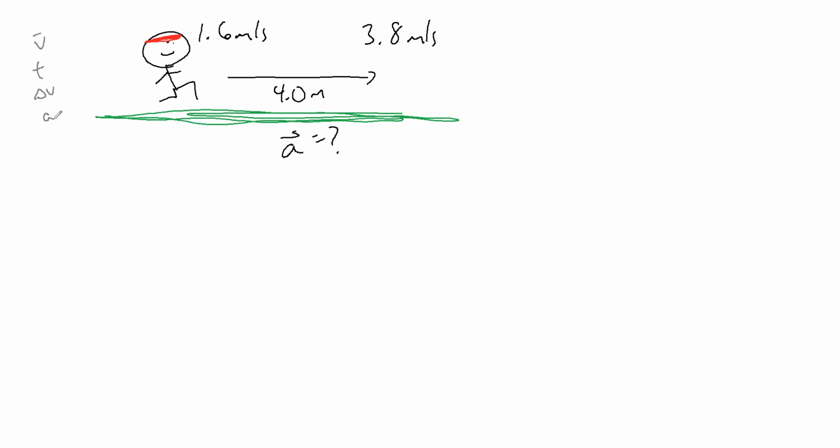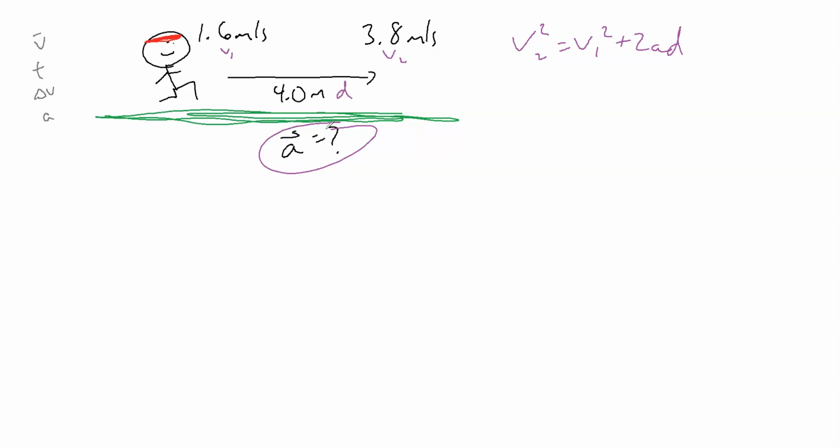You've got the first v, the final v, the d, and you're looking for the acceleration. No time mentioned anywhere, so pretty much guaranteed I want to use that expression we just derived. So v2 squared is equal to v1 squared plus 2ad, and a little checklist here: there's my v1, there's my v2, there's my d.